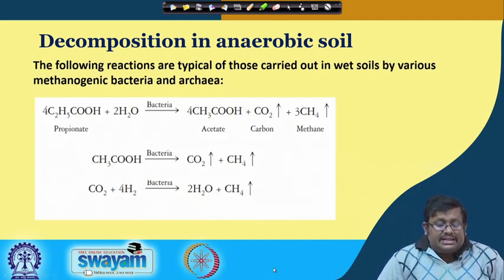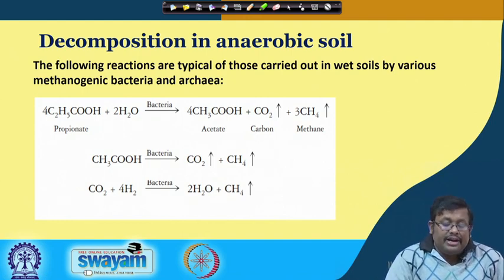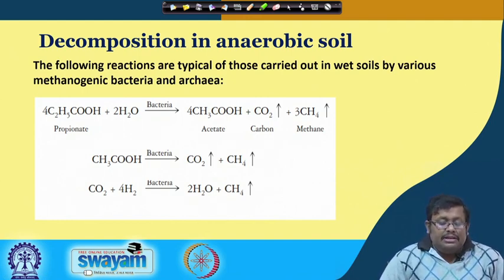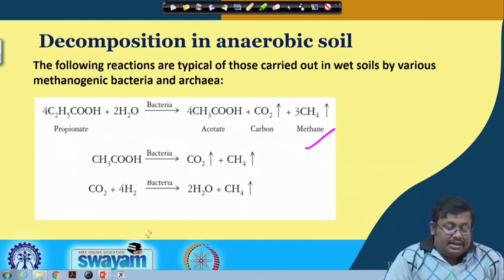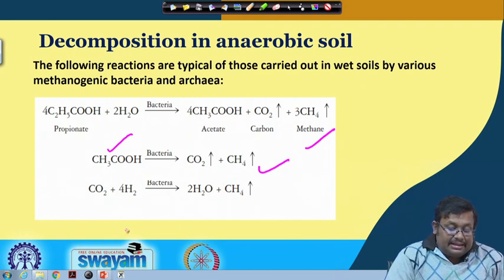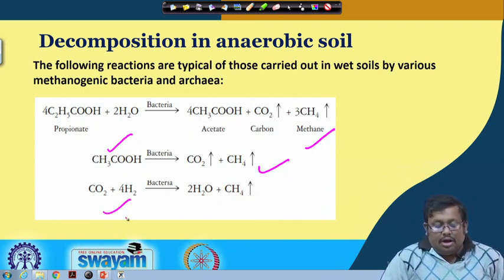Now, in the following reactions you can see, first of all, propionate reacting in the presence of bacteria, producing acetate, carbon dioxide and methane in the anaerobic decomposition. Here you can see acetic acid is anaerobically decomposed to produce methane, and carbon dioxide again reacts with hydrogen to produce methane.